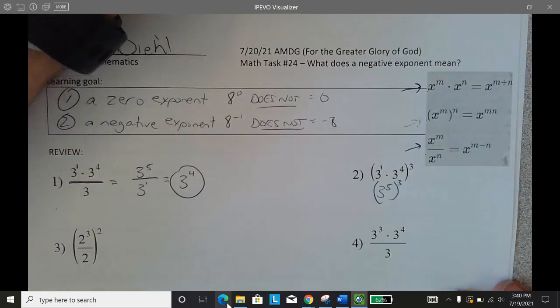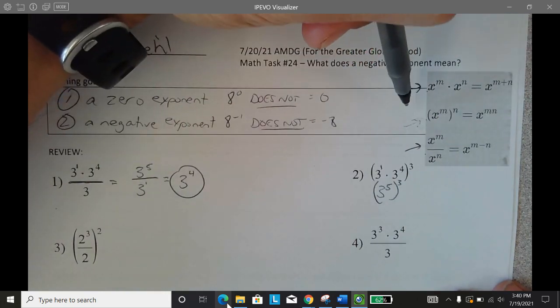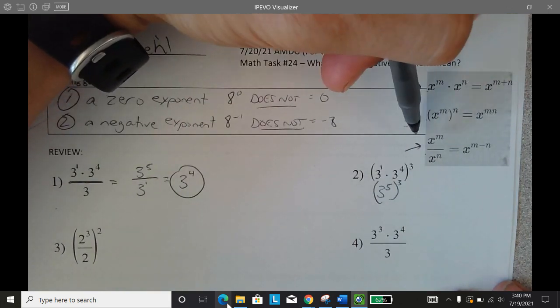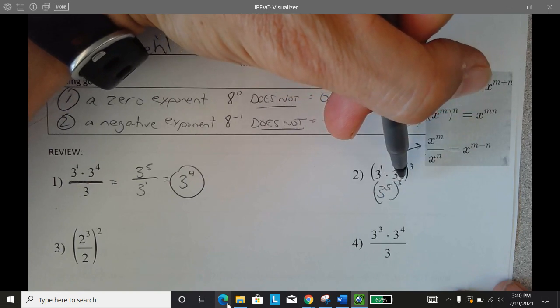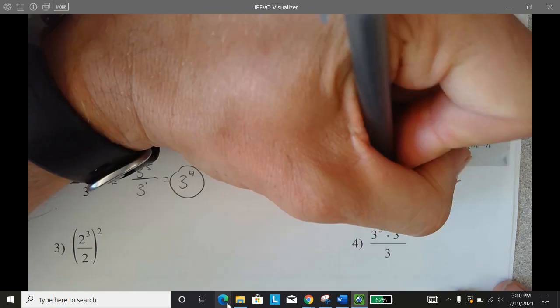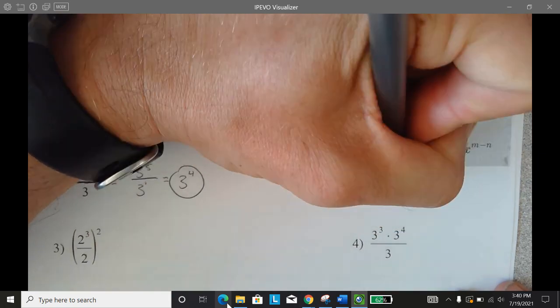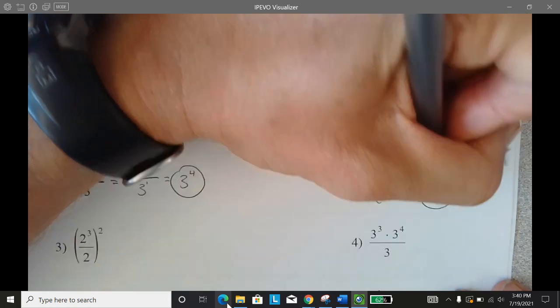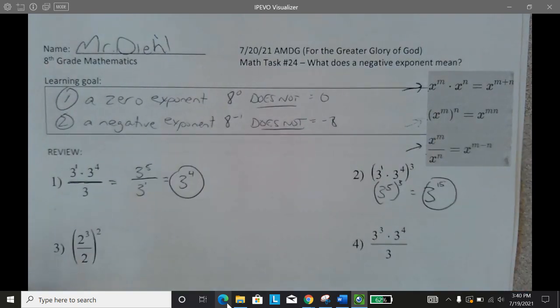And that whole thing is going to be to the 3rd power. Now I'm going to use this rule. I have a base with a power to a power, so I'm going to multiply the exponents. The base is still 3. 5 times 3 is 15. So this thing simplifies down to 3 to the 15th.